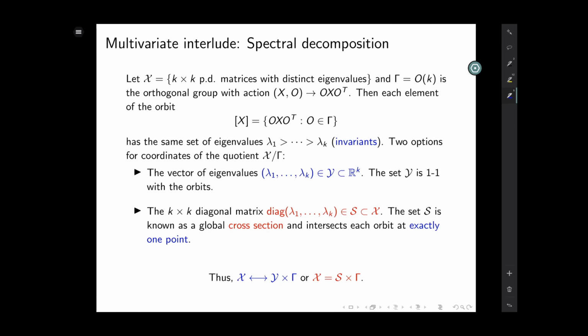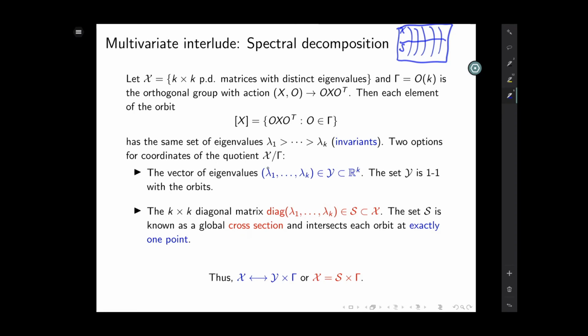So if you think of the space X, and you have all these orbits decomposing X, the set S will be cutting across every orbit at exactly a single point. So I could either give coordinates to the orbits in terms of elements of S, or I could use the vector of eigenvalues. They are intuitively quite the same, but mathematically they turn out to lead to different properties.